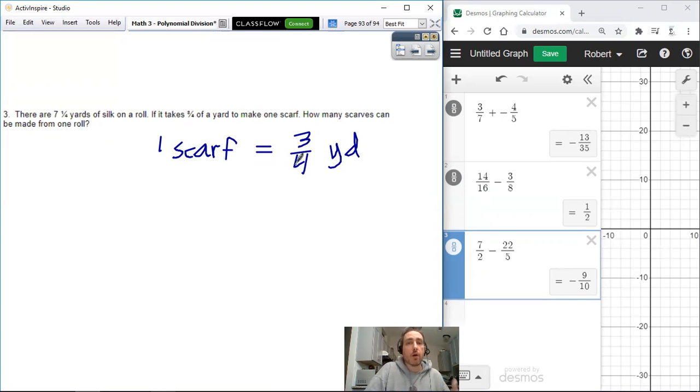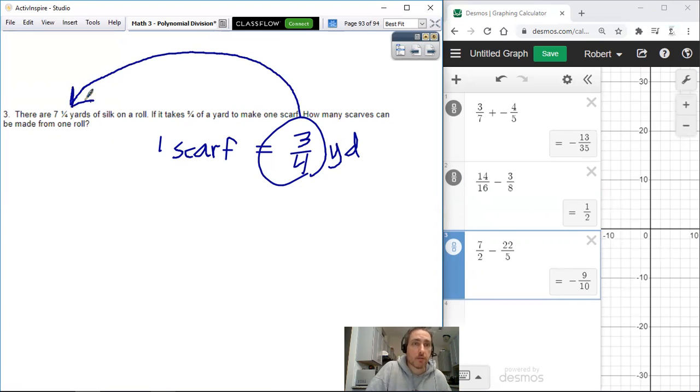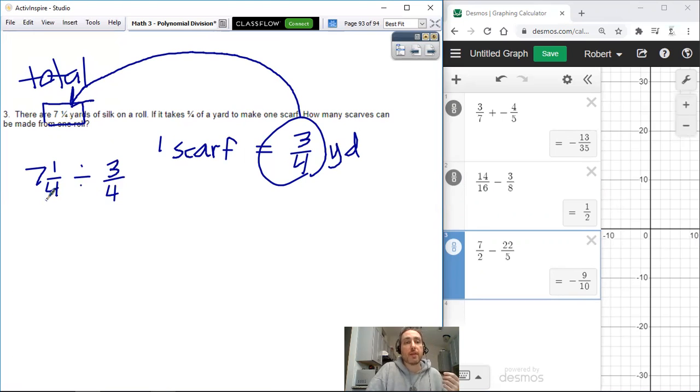Well, we want to figure out how many of these go into that, right? That's our total. So it's going to be a division. So we want to do 7 1/4 divided by 3/4. So we're going to make this an improper fraction. That's multiply 7 times 4, add the 1.